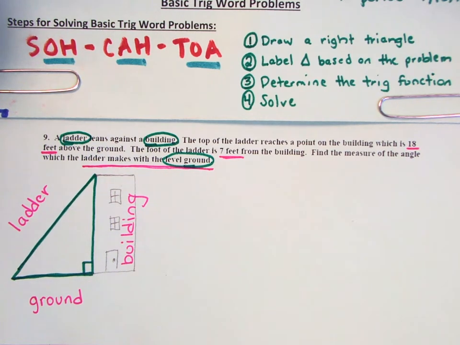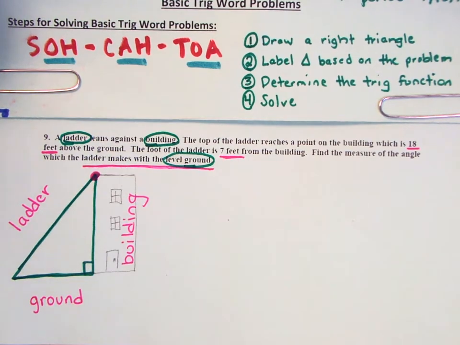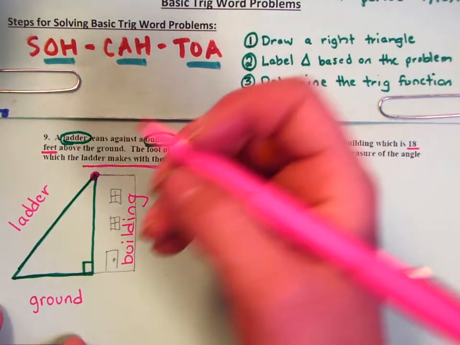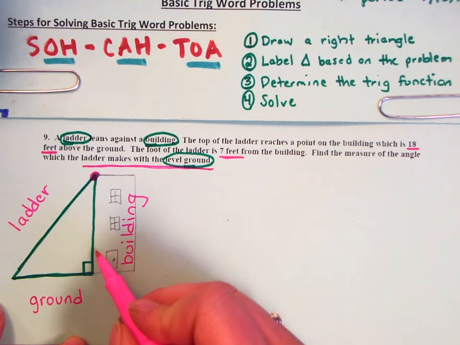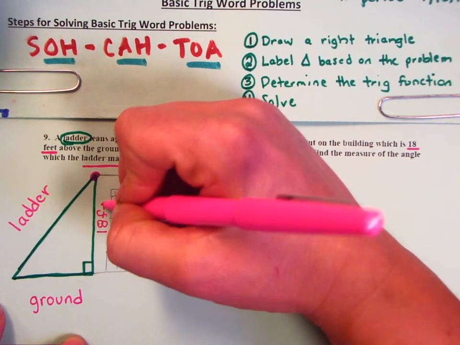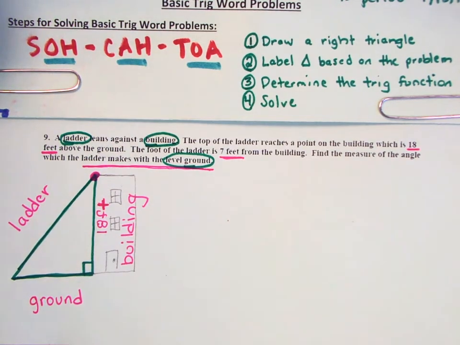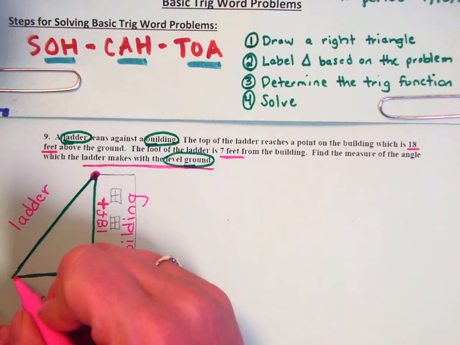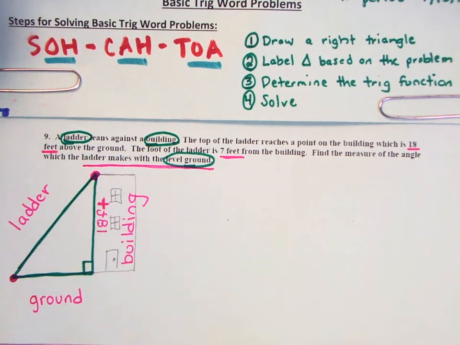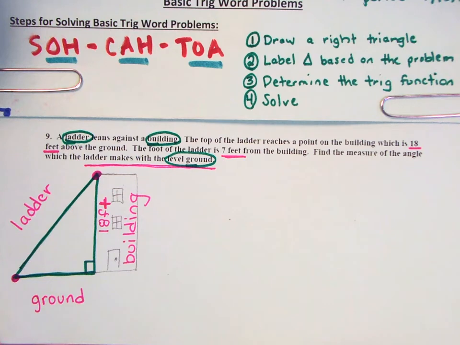The top of the ladder, so the top of the ladder reaches a point on the building which is 18 feet above the ground. So we know that we have 18 feet on the building side. The foot of the ladder is 7 feet from the building. The foot of the ladder, so which side is 7 feet?